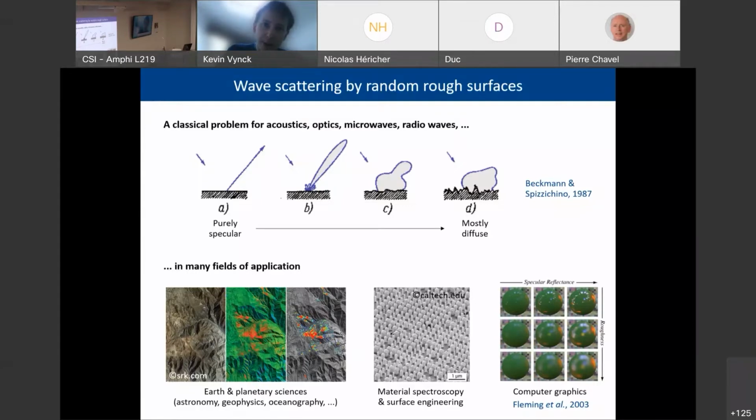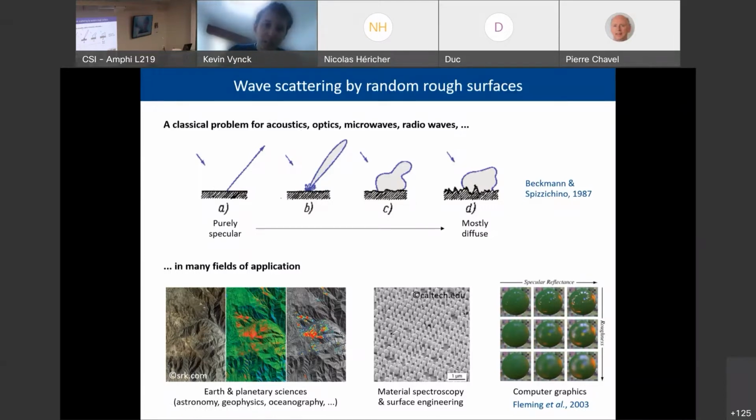So surface roughness is basically a random variation of height on the surface, and this random variation of height will scatter light. So basically, when you have a surface that is perfectly flat, the light will be reflected specularly. So this is just like a mirror or a piece of glass.